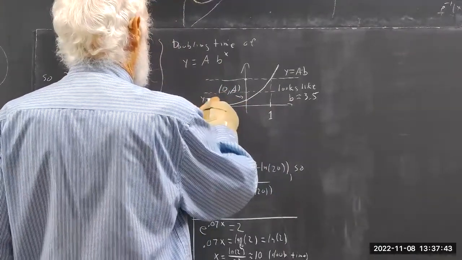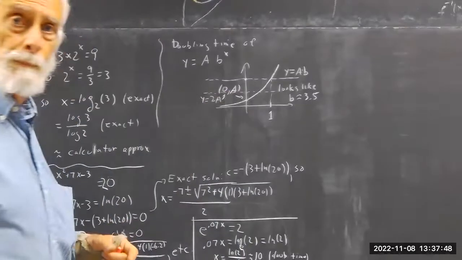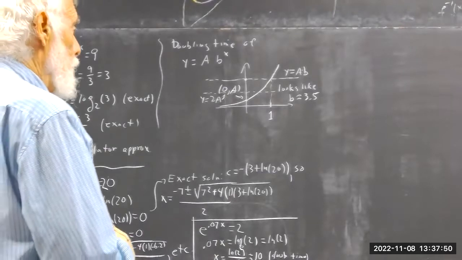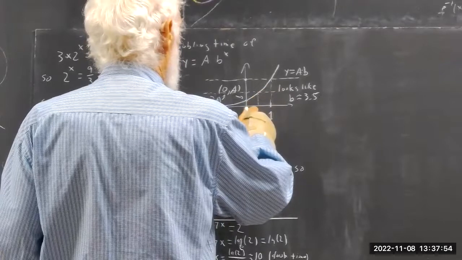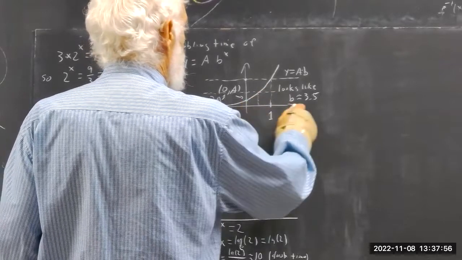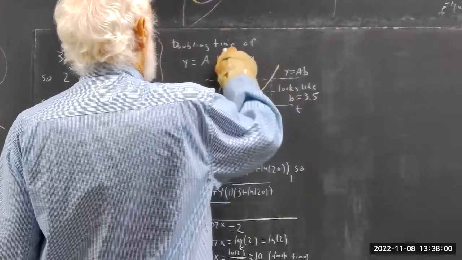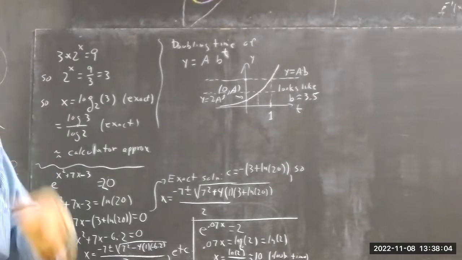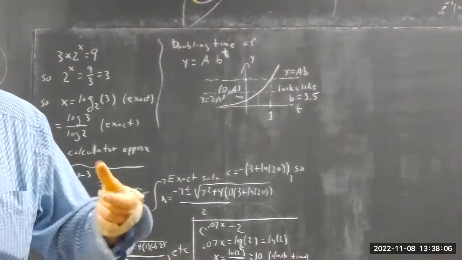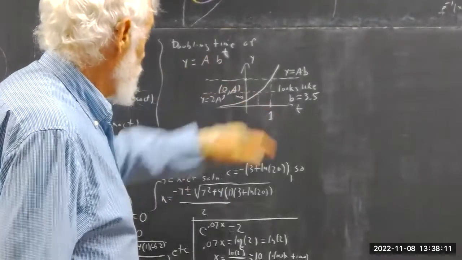Here's the line y equals 2a. So how long did it take this thing to double? Well, between here and there, let's make this t instead of x. Let's make it b to the t, so we're thinking in terms of time. It's pretty typical to think of doubling time. That's what we call it, doubling time. It's going to help to call it t.